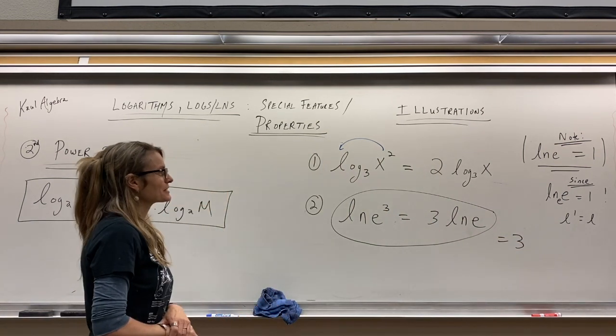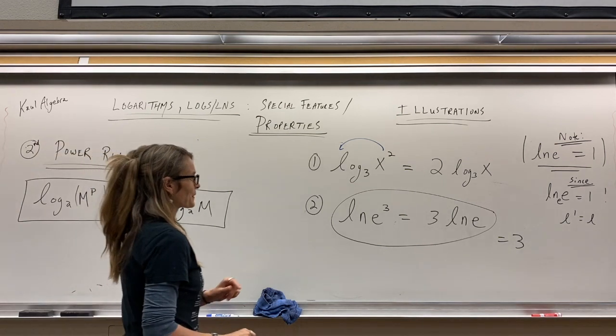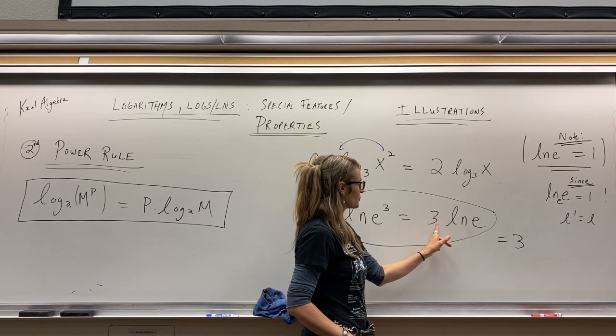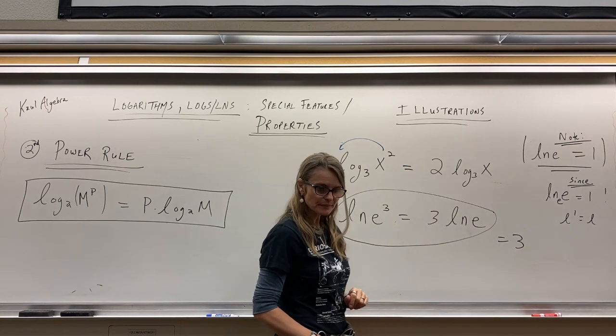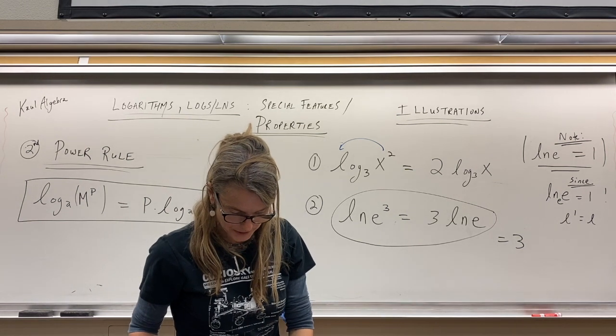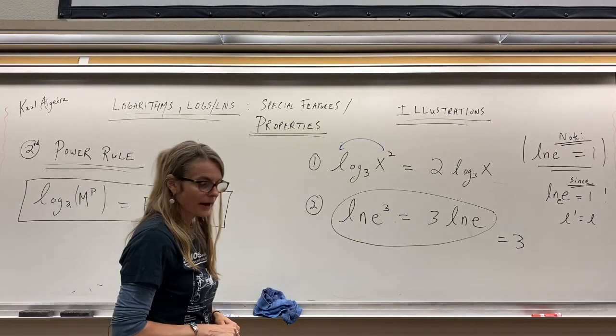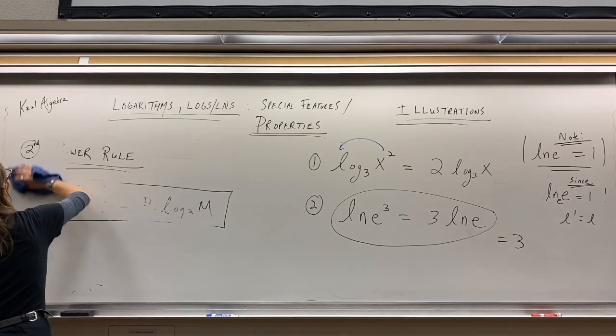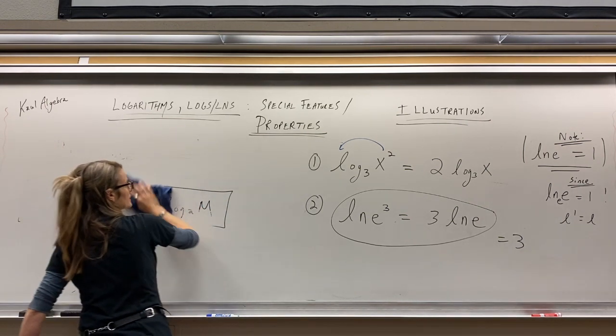That's why it's always good to check your work there. So this part is equal to 1, but this whole thing is equal to the value 3. And that's how you apply that power rule. Now, what we want to do is apply the properties. Let's do some examples and applications.